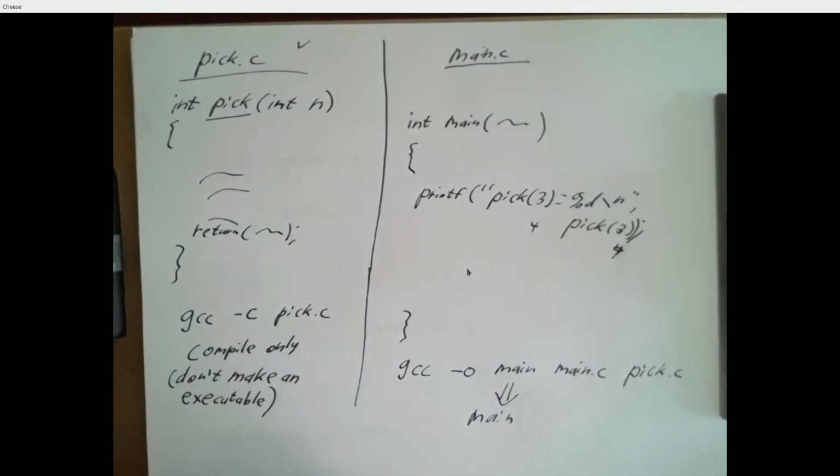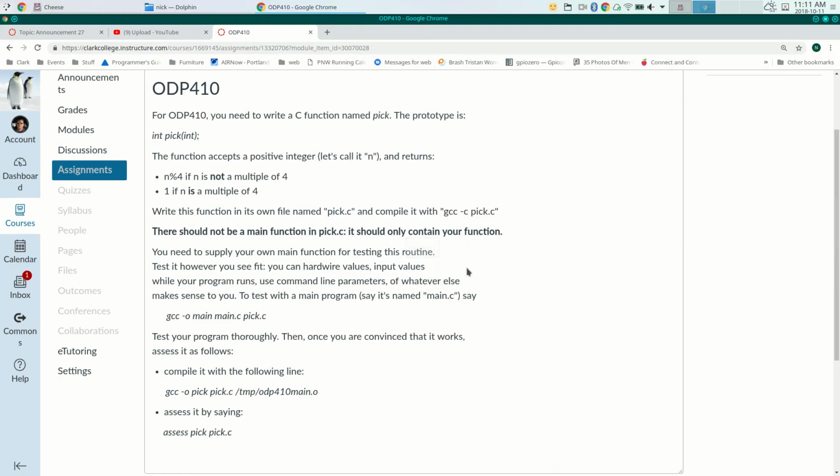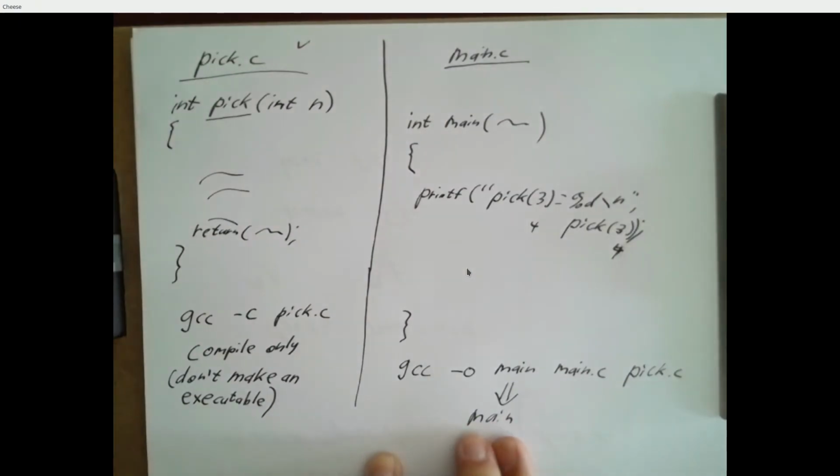Okay, the only thing I'm specifying is the details of this function pick. So here's where it gets really different. Once you're done with this and you think that pick is complete and it's a good function and you want to assess it, how do you do that? You can't assess your main program. You can't just say assess main, because the assessment system has no idea what that's supposed to do, so it can't tell if it's doing the right thing or not.